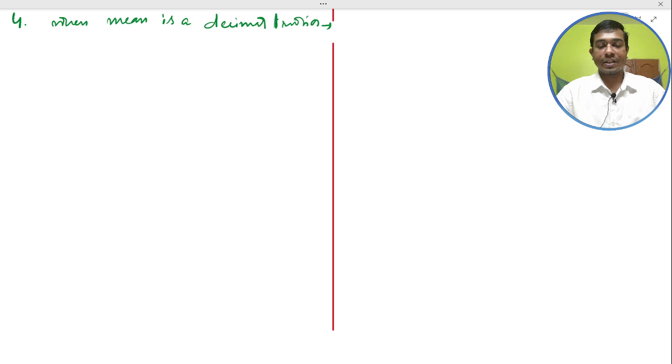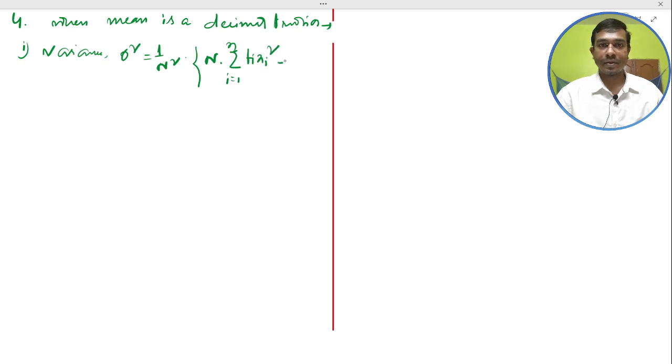When the mean is a decimal fraction, the variance, number 1, sigma square is equal to 1 by n square, that is capital N, times the sum over i equals 1 to n of fi xi square minus, within brackets, the sum over i equals 1 to n of fi xi, whole square.